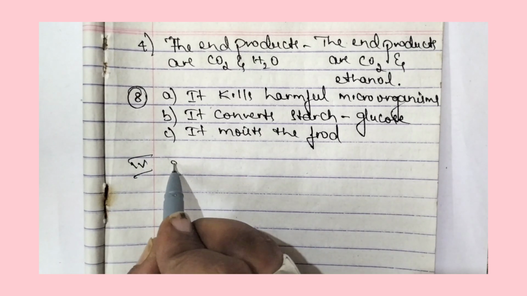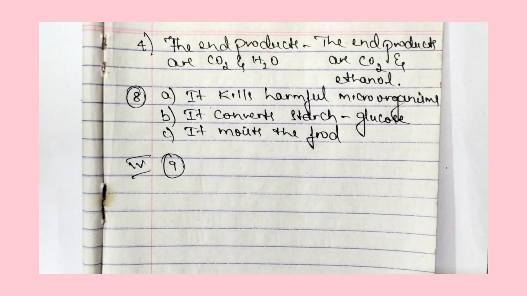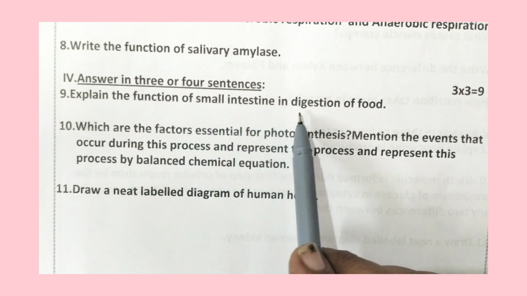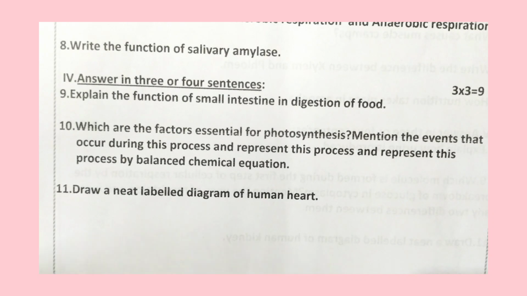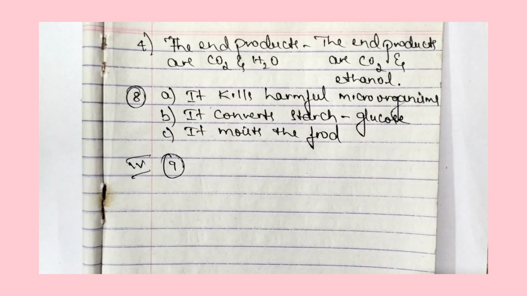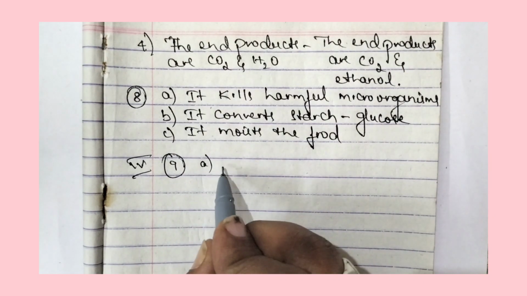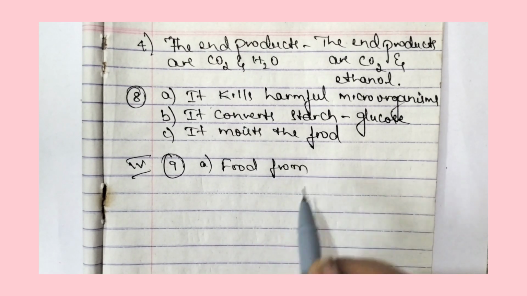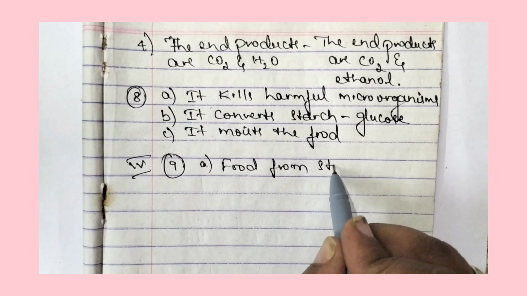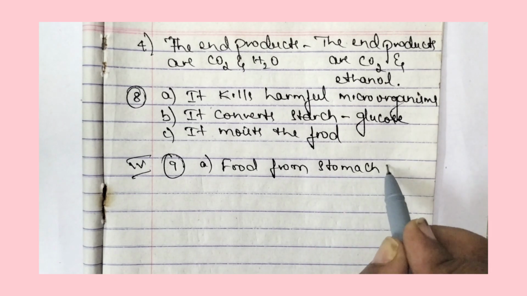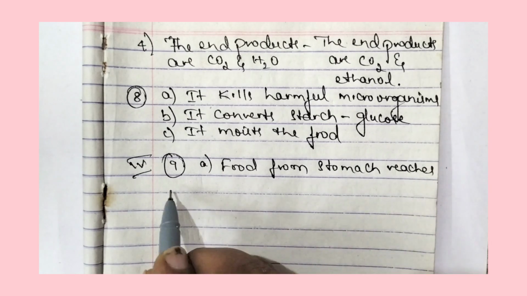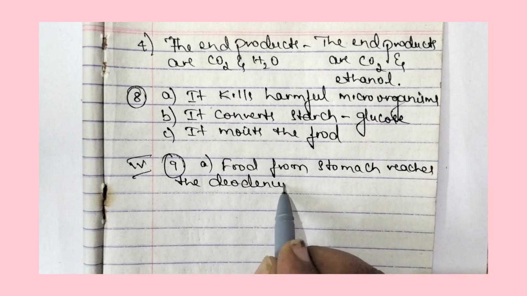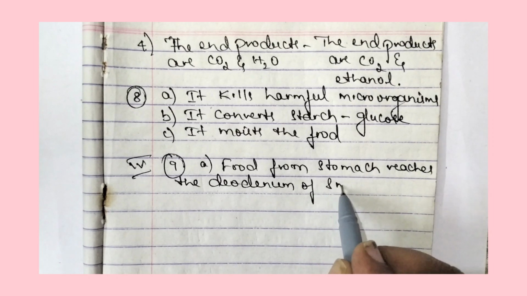Now let us move to the fourth main, that is question number 9. In question number 9 they have given: explain the function of small intestine in digestion of food. So let us explain the digestion of food now. First point, food from the stomach reaches the duodenum of the small intestine.